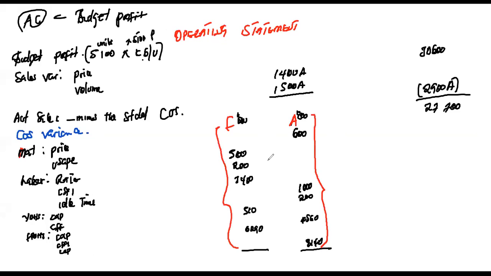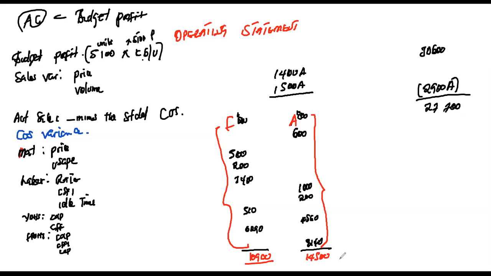The favorable total is 10,900. We close the book. Next, the adverse part is 14,500. Those are good figures.